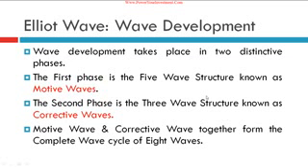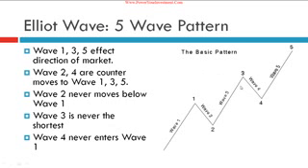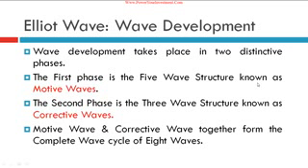Now, what Ralph Nelson Elliott suggested was that wave development essentially takes place in 2 distinctive phases. The first phase is the motive waves, which is usually the 5-wave structure we saw here. The second phase, which you'll see on the next slide, is the corrective waves, that is the 3-wave structure.